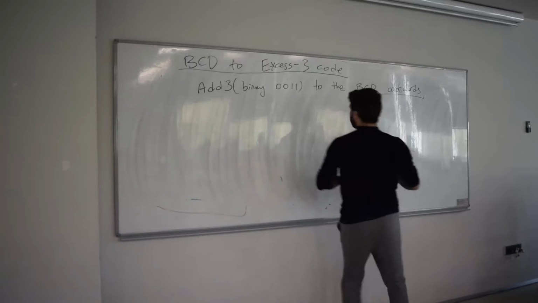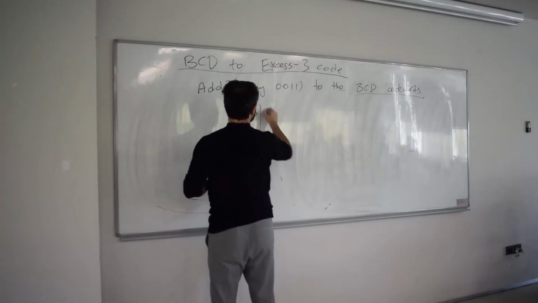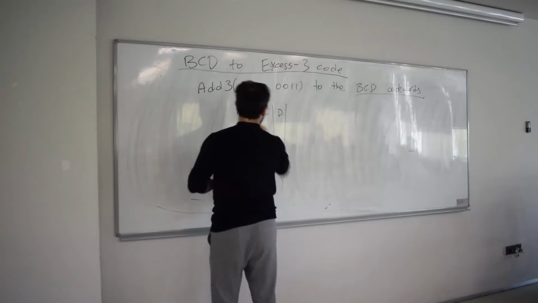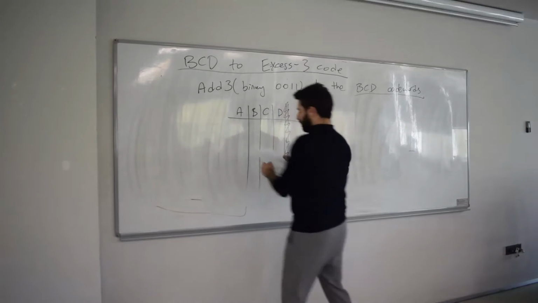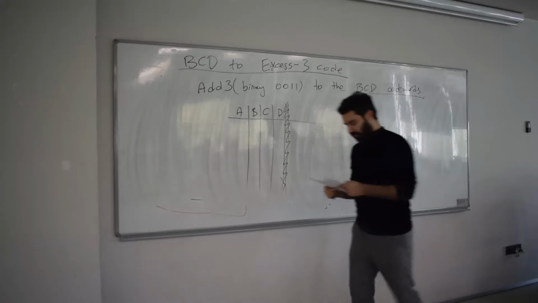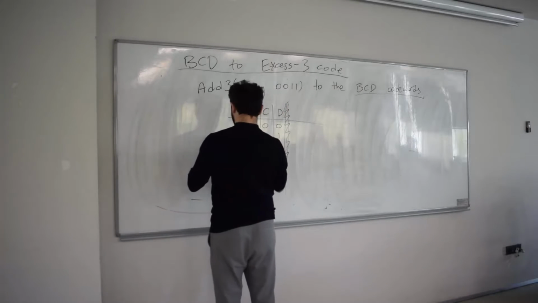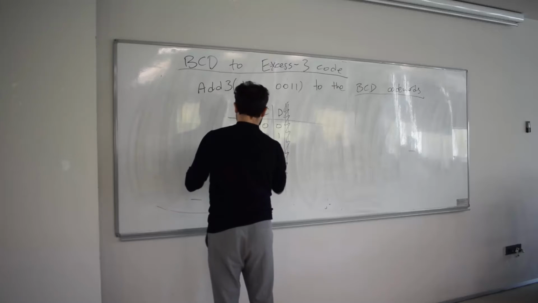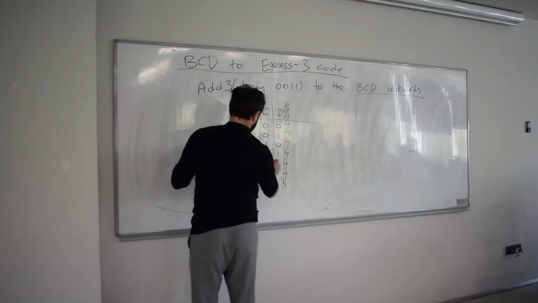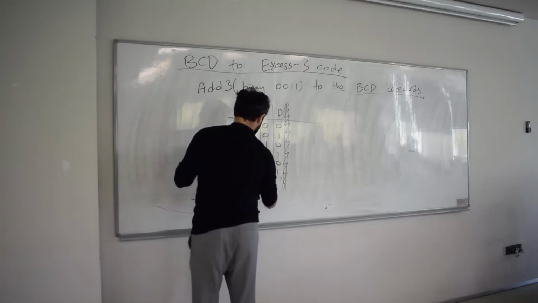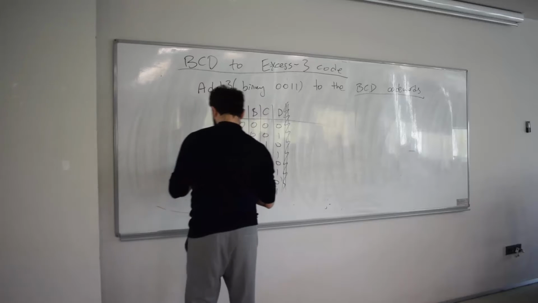So, for example, let me show you that. So this is A, B, C, D. These are my inputs. Of course, 0, 0, 0, 0, 0, 0, 0, 1, 0, 0, 1, 0, and 0, 0, 1, 1. You got 0, 1, 0, 0, 0, 1, 0, 1, 0, 1, 1, 0, and 0, 1, 1, 1.